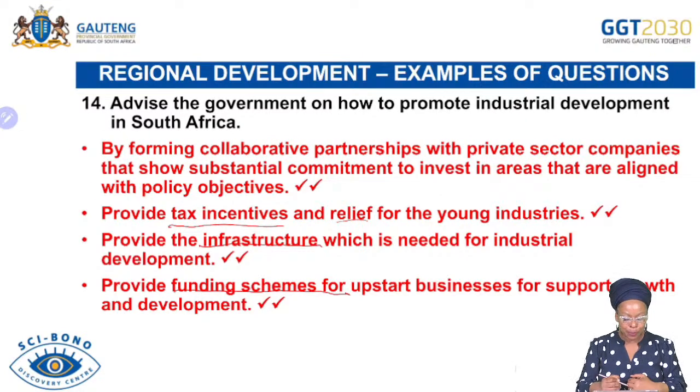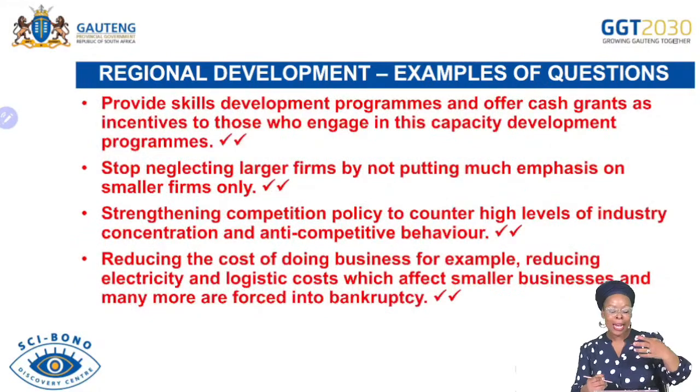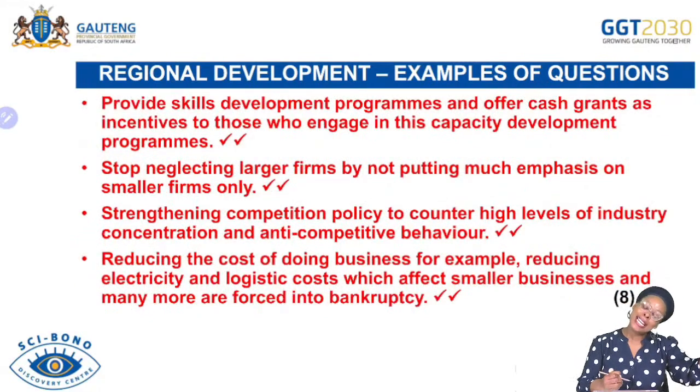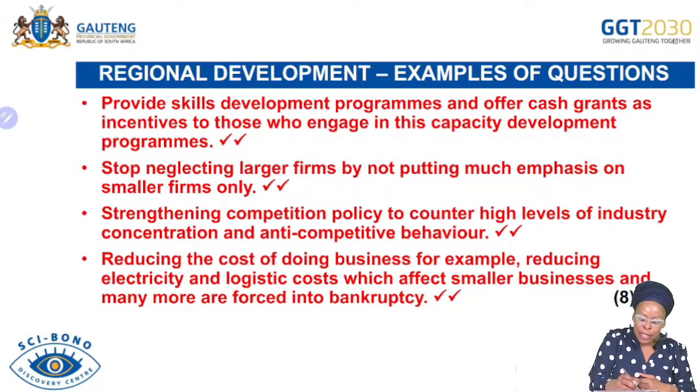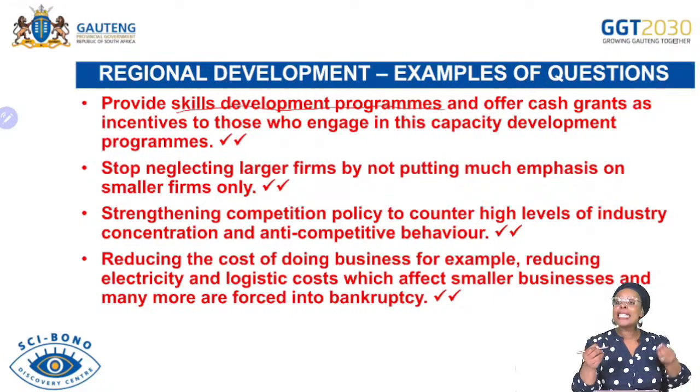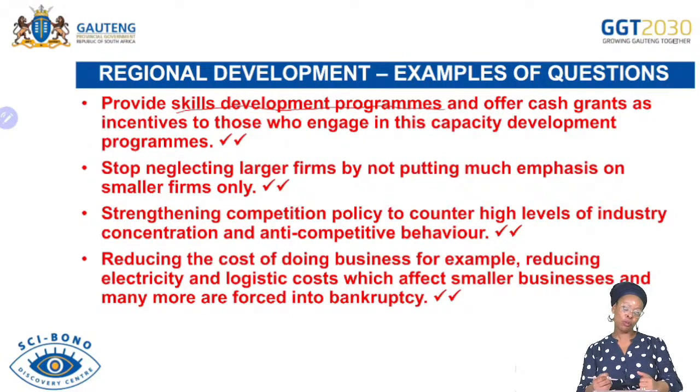I've mentioned all this, and they're not in your textbooks. Why? You will be required to link what you learned with what is happening. So you can advise the government to provide skills development programs and offer cash grants as incentives to those who engage in these capacity development programs.